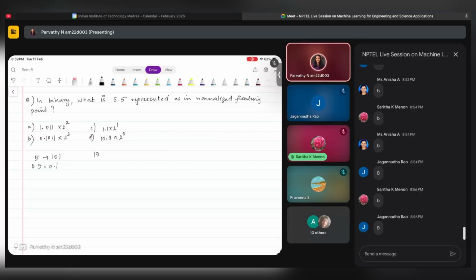So 101.1 is 5.5. But in normalized form for binary, we represent it as 1.011, because we shift 2 places to the left. So 1.011 into 2 raised to 2.